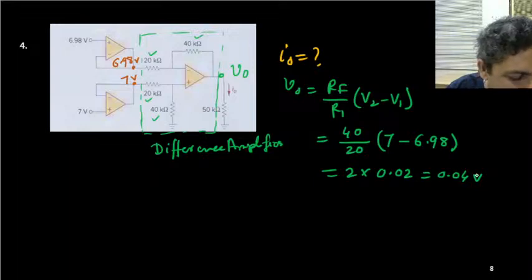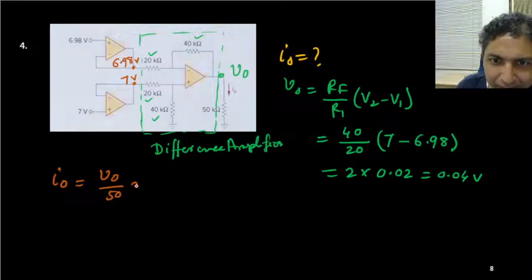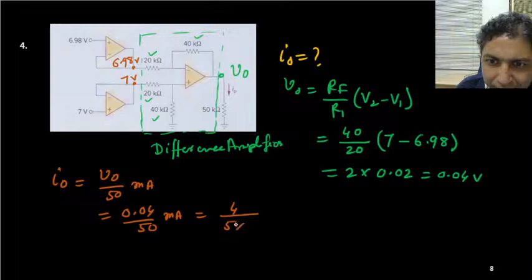Okay. So what is I naught? Now I naught is very simple to calculate. I naught is V naught by 50K, that is in milliampere. So this is 0.04 upon 50, and that is your milliampere. So I can write 4 upon 5 into 10 to the power 3.